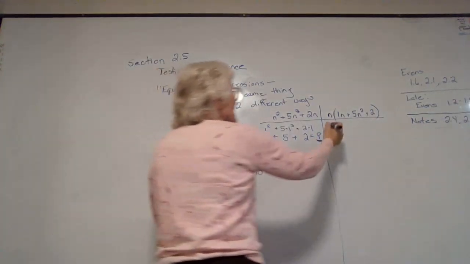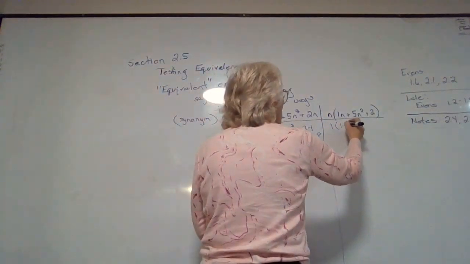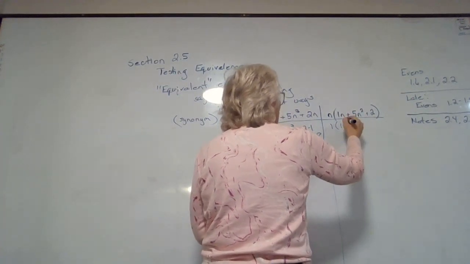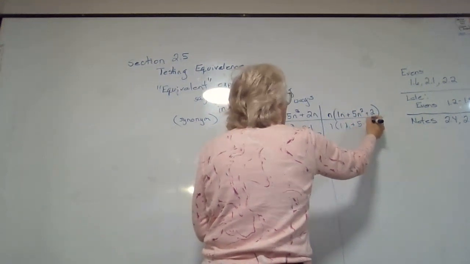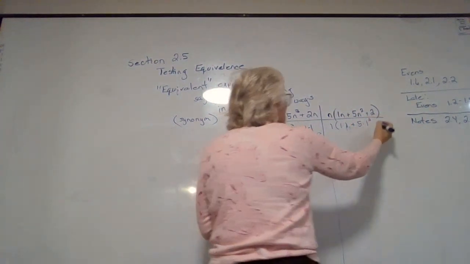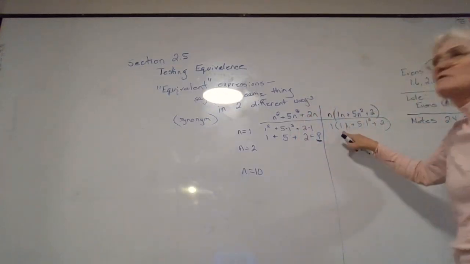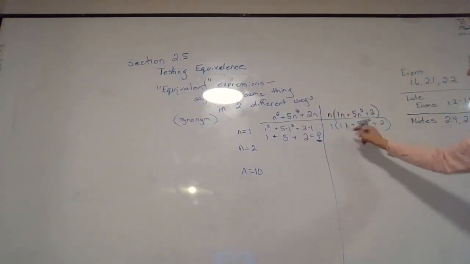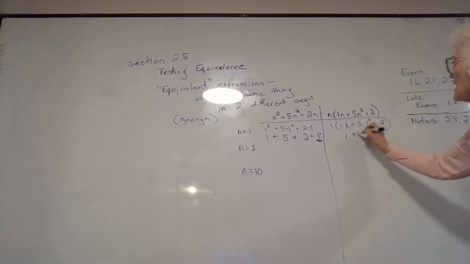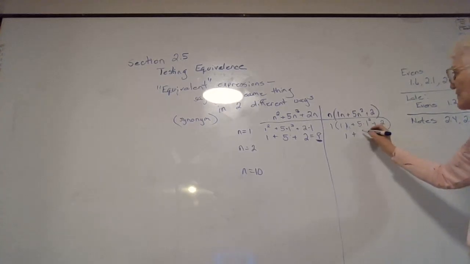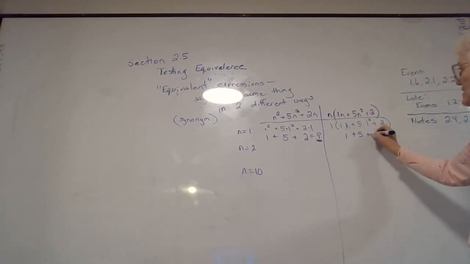Now I'm taking 1 times n plus 5 times n squared plus 2. What is 1 times 1? 1. 1 plus 1 squared is what? 1 times 1 is 1, times 5 is 5, plus 2.